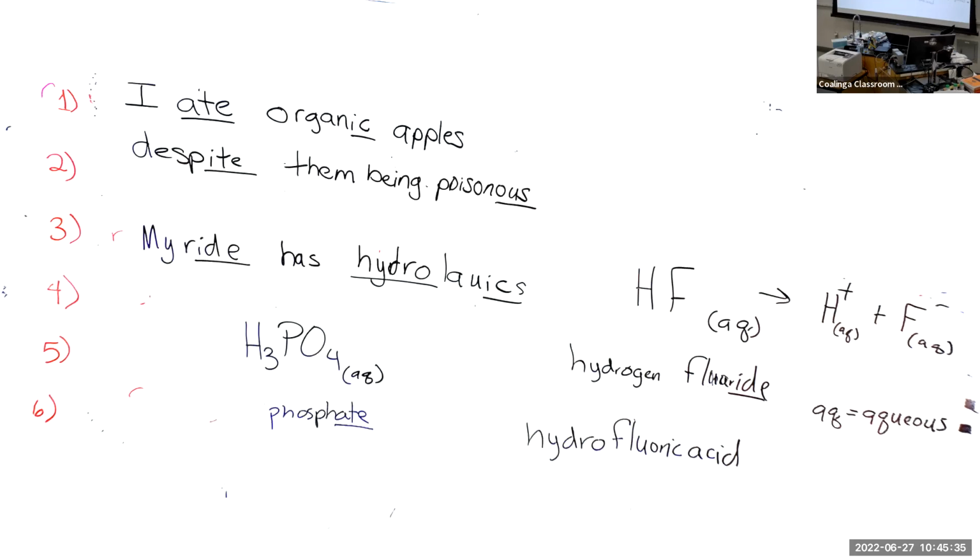So now, since it's an acid, we change its name: ate becomes ic. So this guy would be called phos, and normally we say phosphate, ic, but they put back an or, phosphoric acid.